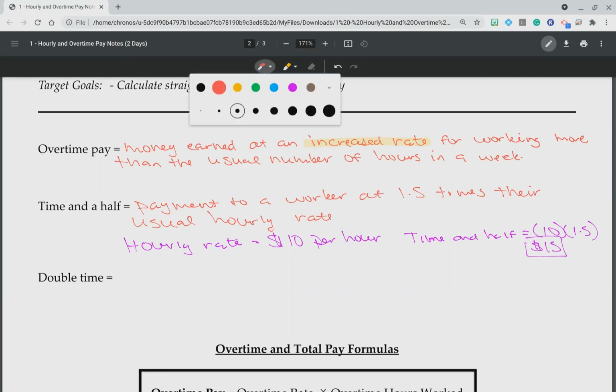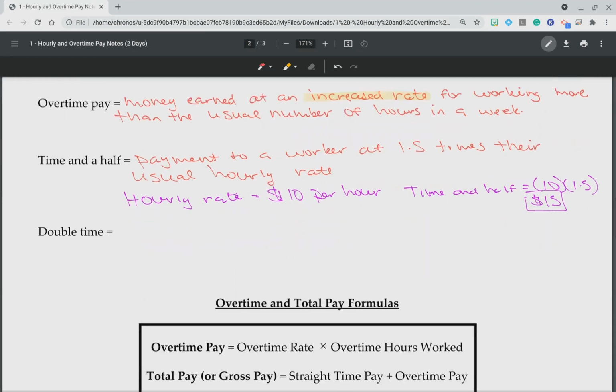Similarly, you could make double time. So this would be payment to a worker two times their hourly rate.